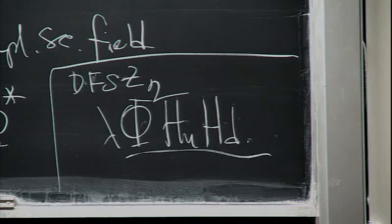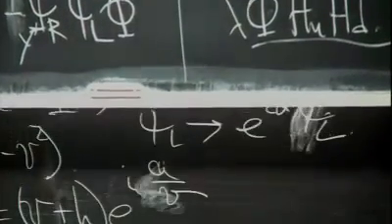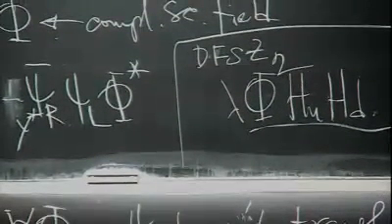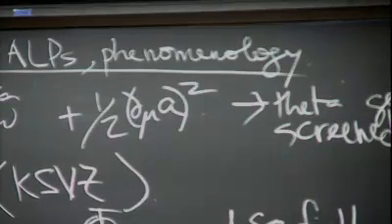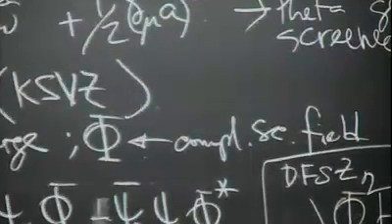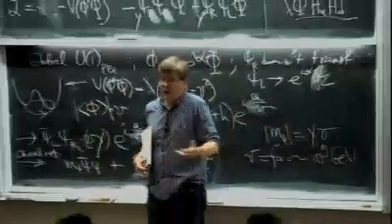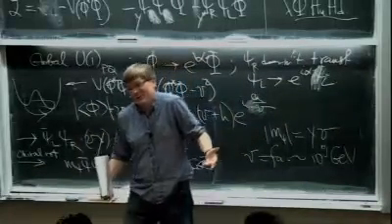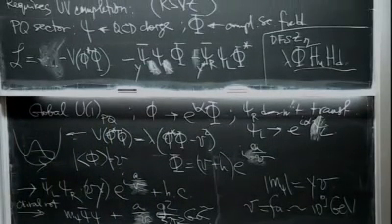In my mind, but not in everyone's mind, this UV completion is minimal because it uses the standard model and only the standard model at low energy, right? Plus you get an axion. This already requires some extension of the standard model by introducing the second doublet. But if you are a SUSY person, then of course you have a second doublet, right? So the variety of UV completions is possible.